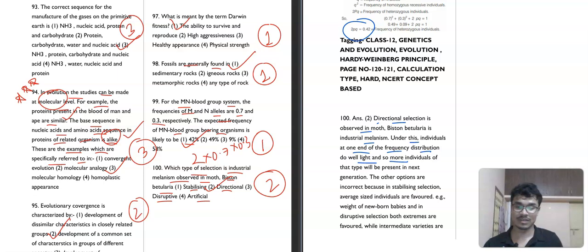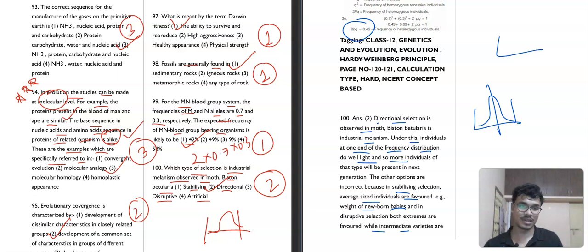One survives and another, nothing happens. Stabilizing selection means average size individuals are favored, like the weight of a newborn baby. So stabilizing is like this, average size, mean. Disruptive selection means both the extremes are favored. So second option is the correct answer.